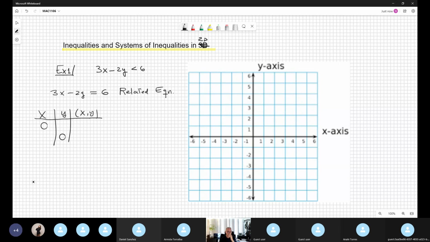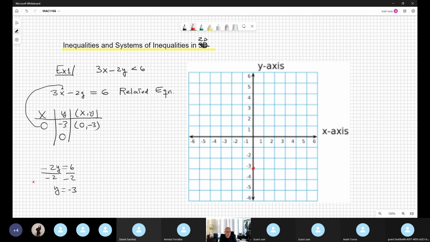X equals 0, my equation reduces to minus 2y equals 6. Divided by minus 2 on both sides, y is minus 3. The point would be 0, minus 3. I plot this point, 0, minus 3. I suppose it's here. Bam!